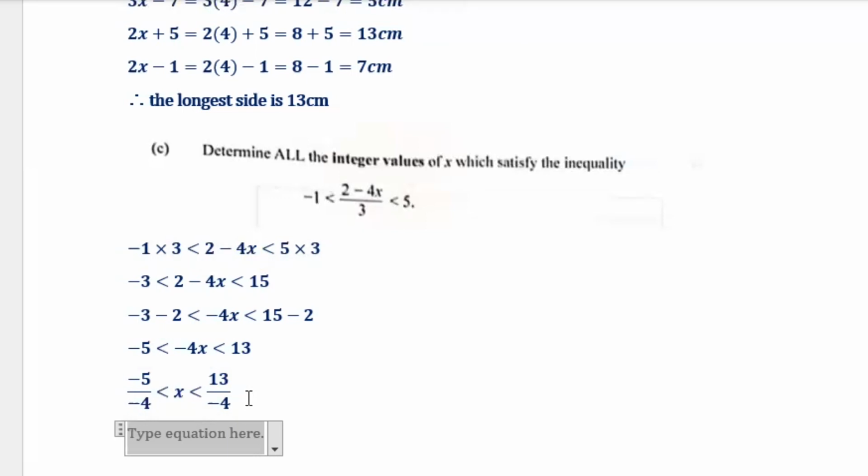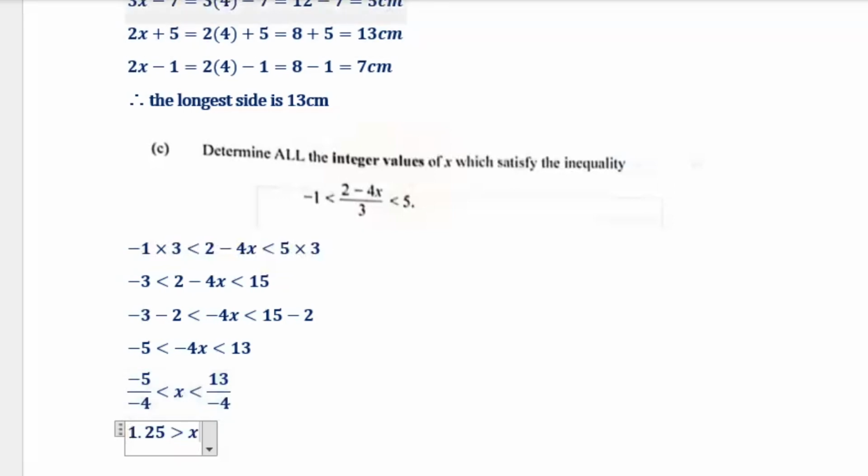It flips the direction of our inequalities. So when we have -5 divided by -4, if you put that in your calculator, you'll have a positive 1.25 is greater than x. Because we're dividing by a negative number, the sign flips. It's like a reaction thing, cause and effect.